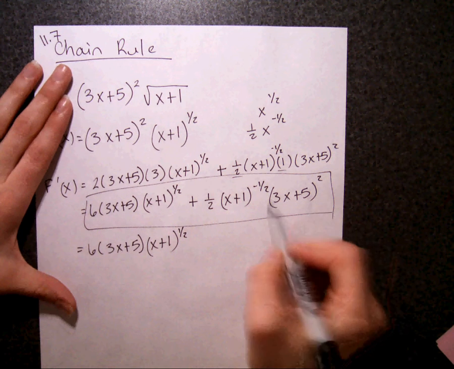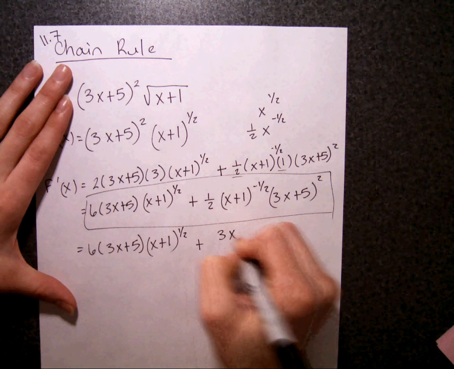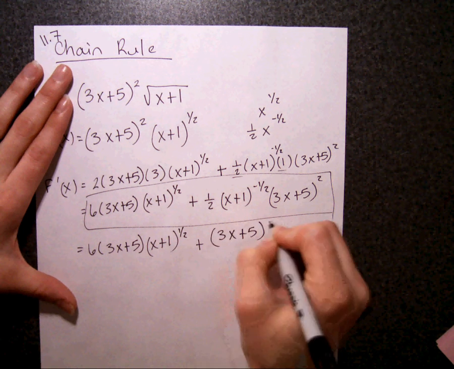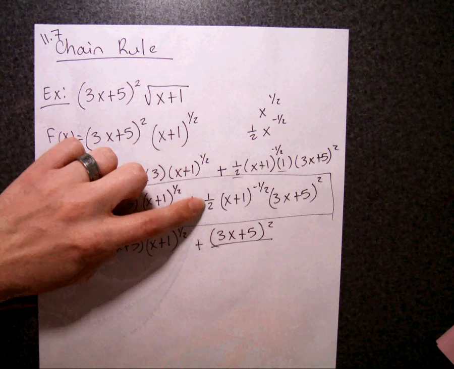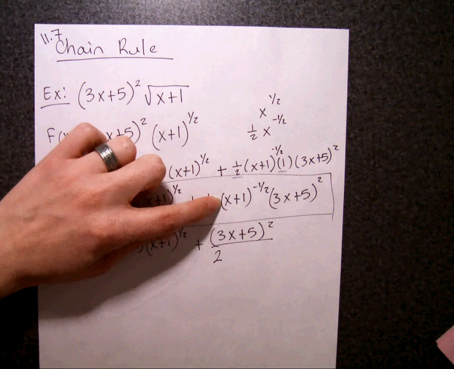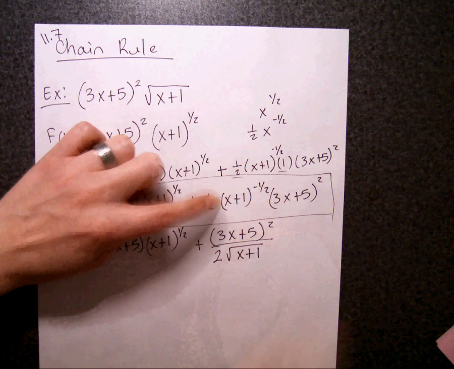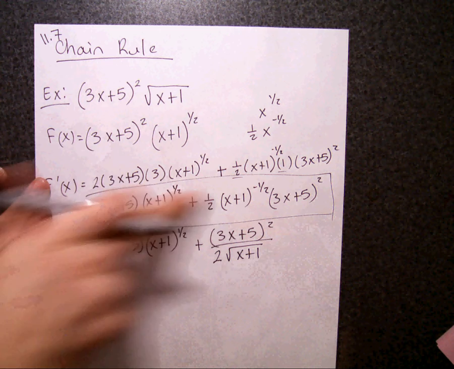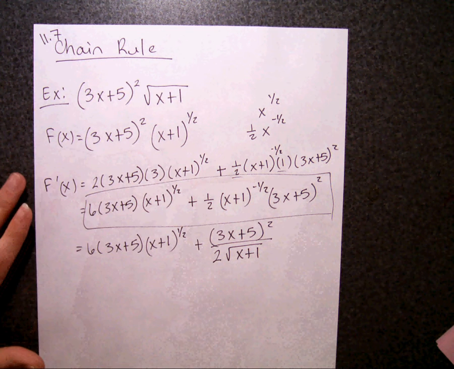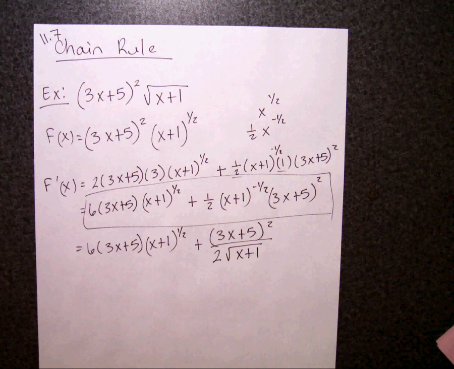So (3x + 5)² has a positive exponent, so it would stay up top. Then my 1/2, the 2 would be on the bottom, and this would be (x + 1) to the positive 1/2, or the square root of x plus 1, either way. But I'm fine with this answer right here. Just need to know that you can take the derivative. Okay? Ta-da!